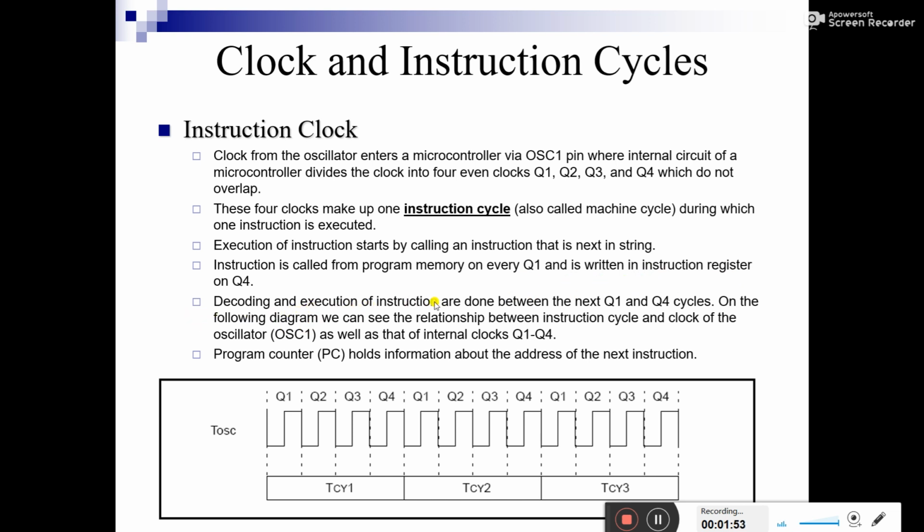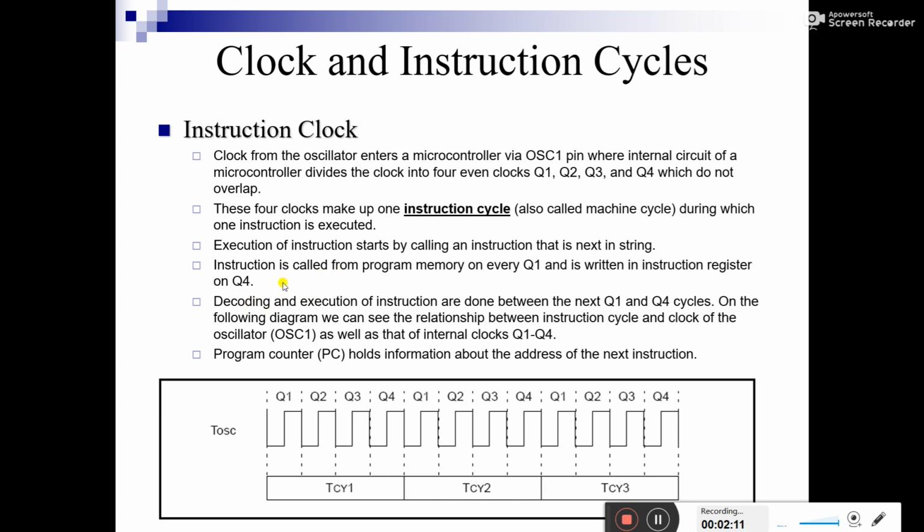Decoding and execution of instructions are done between the next Q1 and Q4. An instruction is a coded form of doing any task.